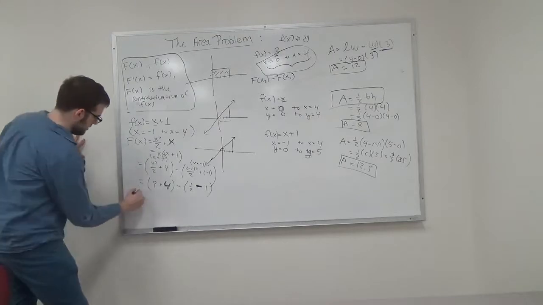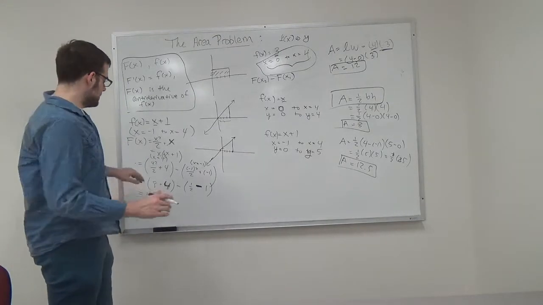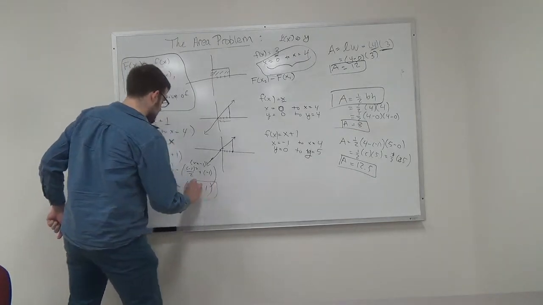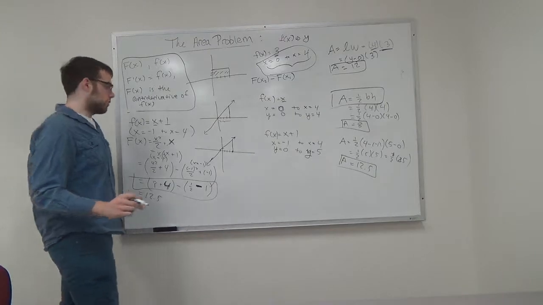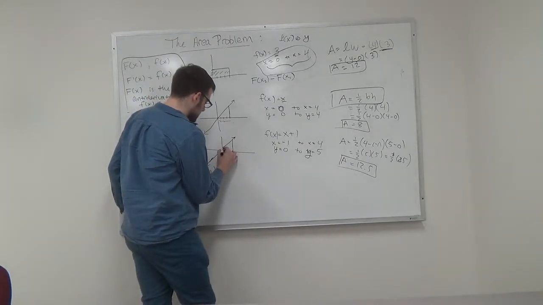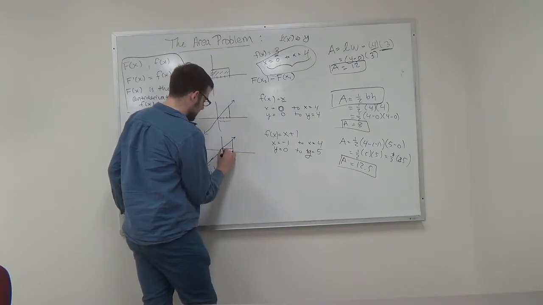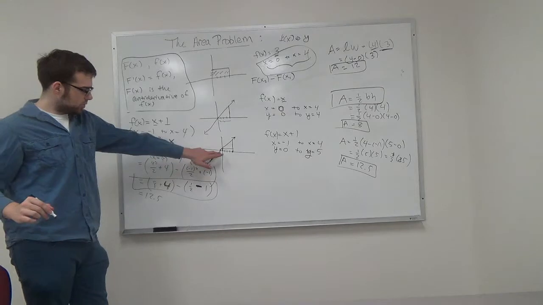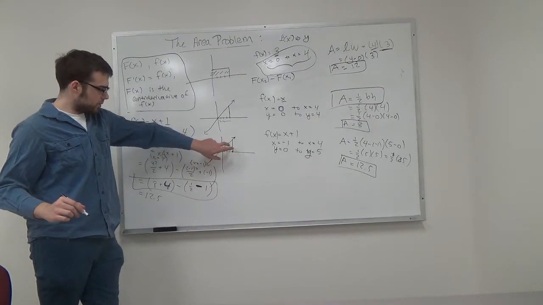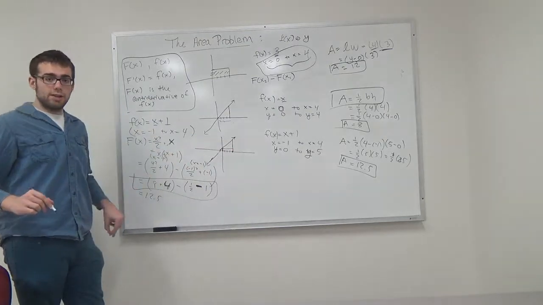So we've already established that this is true, but let's look at this expression right here and compare it to what we have over here. Let's separate this into 3 parts. We have one small triangle, one rectangle, and one larger triangle.